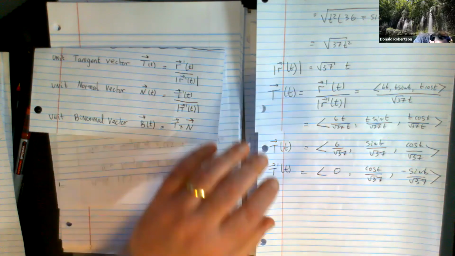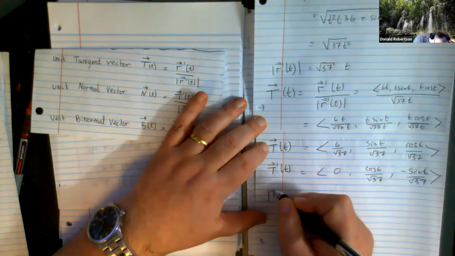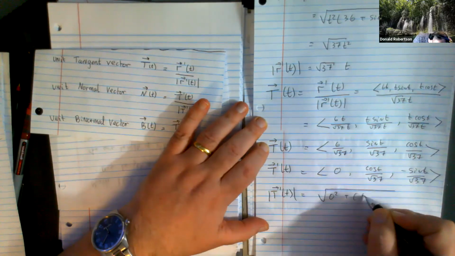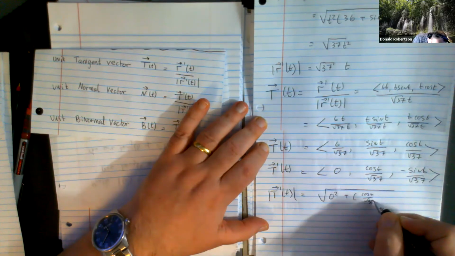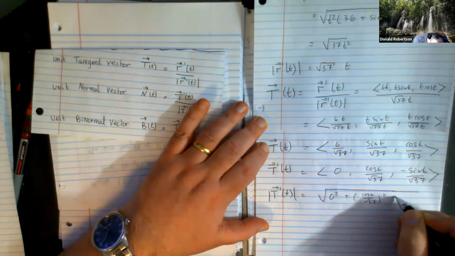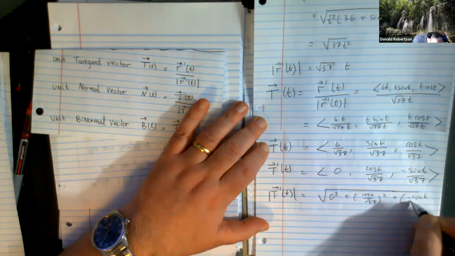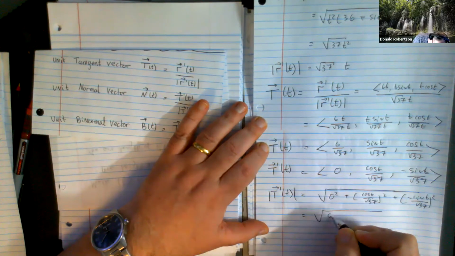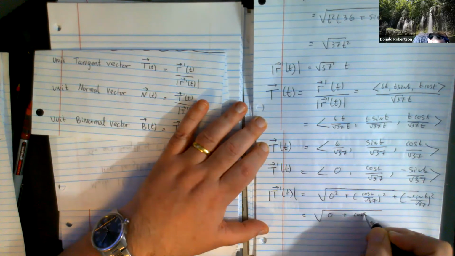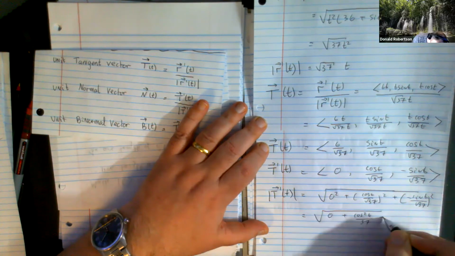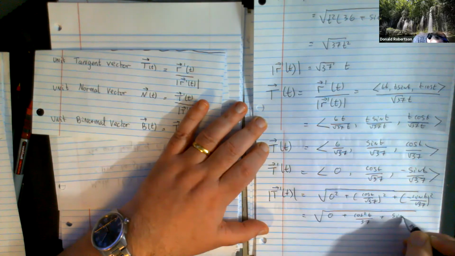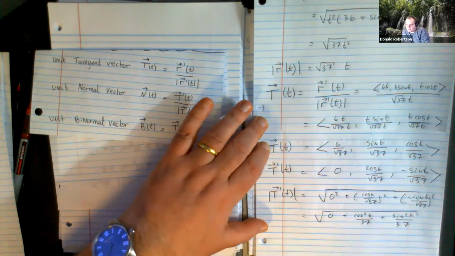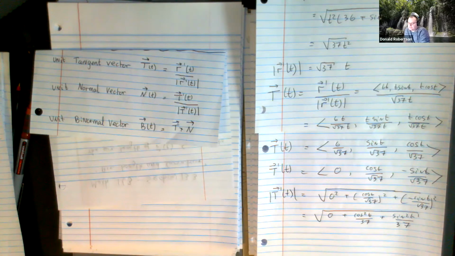Now we find the magnitude of this fella. Well, it's going to be the nothing squared, that guy squared, and that guy squared. Oh, that came out quite nice, didn't it? In fact, leaving the square roots in the bottom kind of helped.